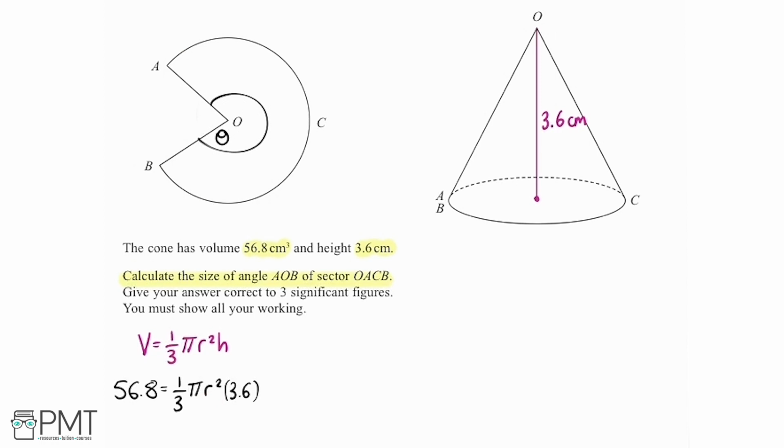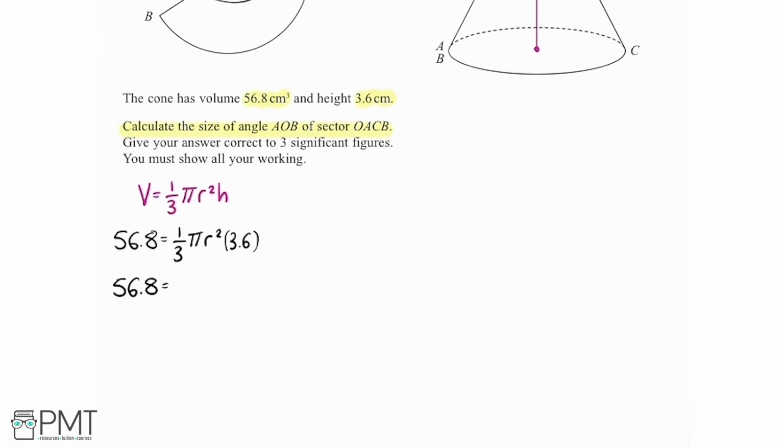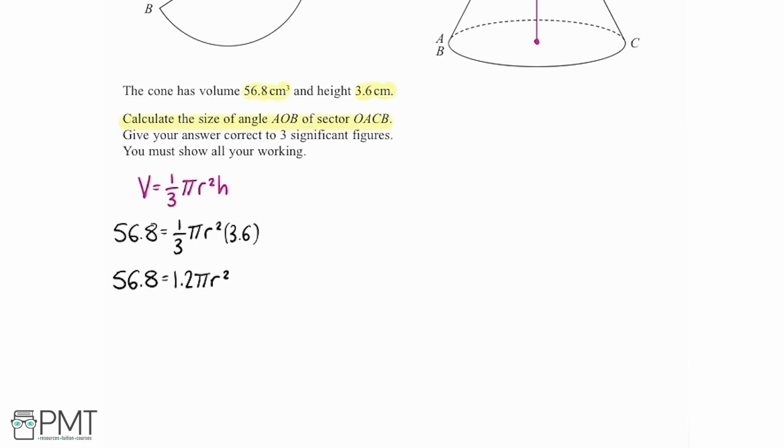So firstly, if I do a third multiplied by 3.6, we're going to get 1.2. And then set our pi r squared here. Now if I divide both sides by 1.2 pi, we'll see all of this cancels on this side. I'm going to write it the other way around to make it a bit clearer. Essentially we're left with r squared by itself equals 56.8 over 1.2 pi.